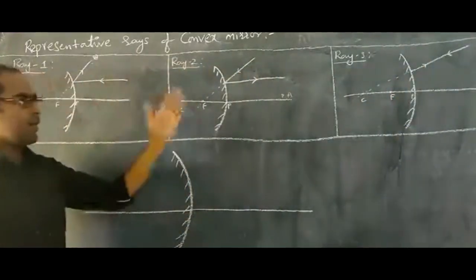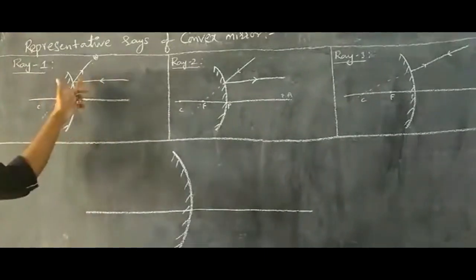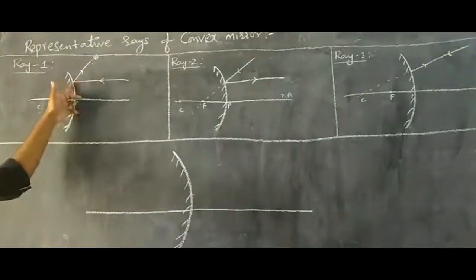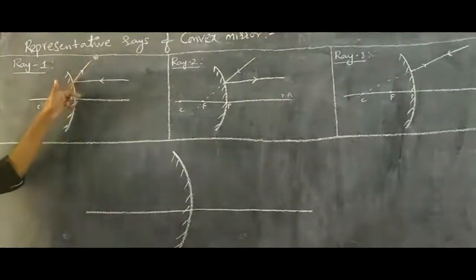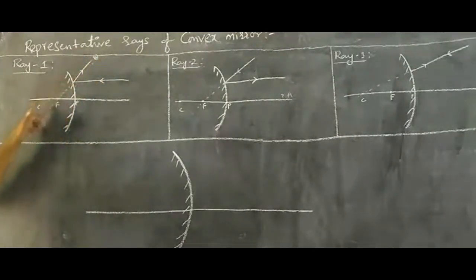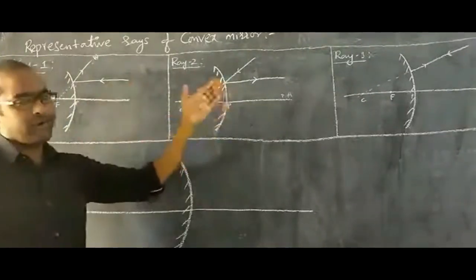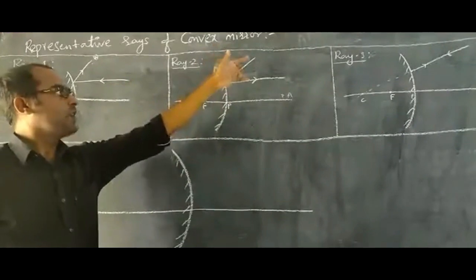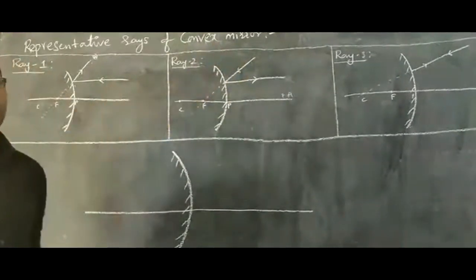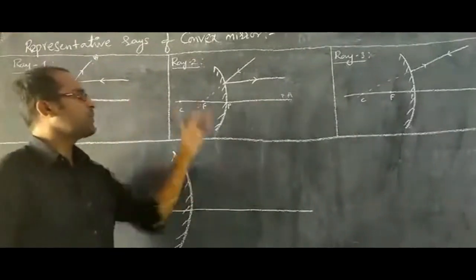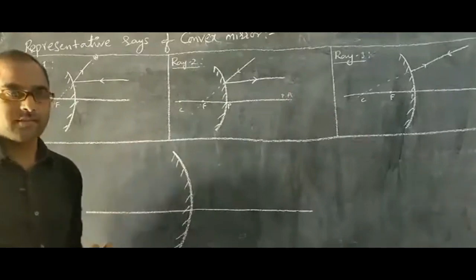So ray 1, ray 2 and ray 3. Ray 1: when the parallel ray gets incident on the convex mirror, it diverges, and when you extrapolate the divergent ray, it appears to pass through the focus. Ray 2: when the ray is appearing to pass through the focus, after reflection it passes parallel to the principal axis.